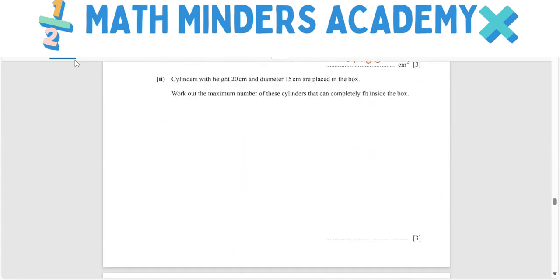Okay. So here we say first layer contains 4 by 2 cylinders, which is 8 cylinders.